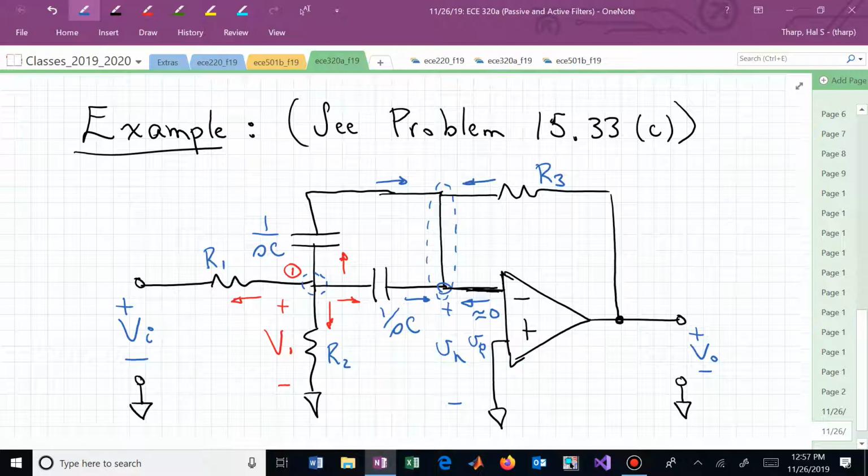So now you could sum all the currents going out. Or you could just say the algebraic sum of however I've labeled these currents need to sum to 0. KCL is true. It's just how you have labeled your diagram and how you want to write it.